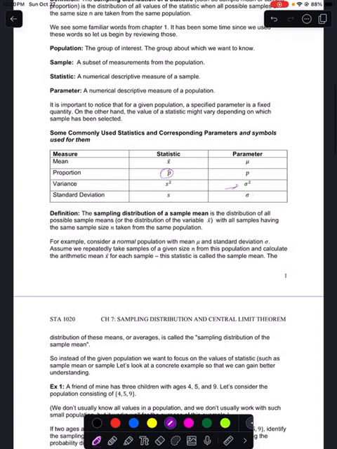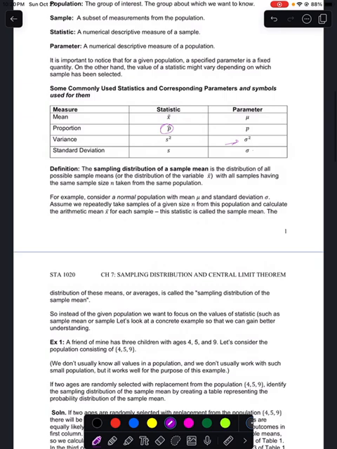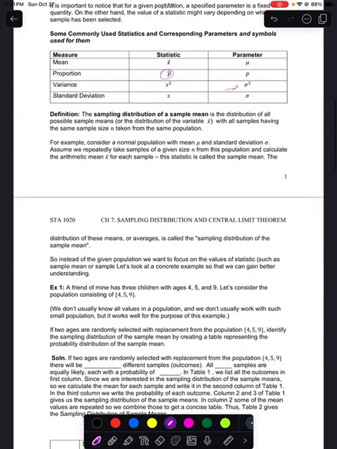Let's look at a concrete example so that we can have a better understanding. Example 1: a friend of mine has 3 children, ages 4, 5, and 9. Let us consider this the population. It consists of the numbers 4, 5, and 9.